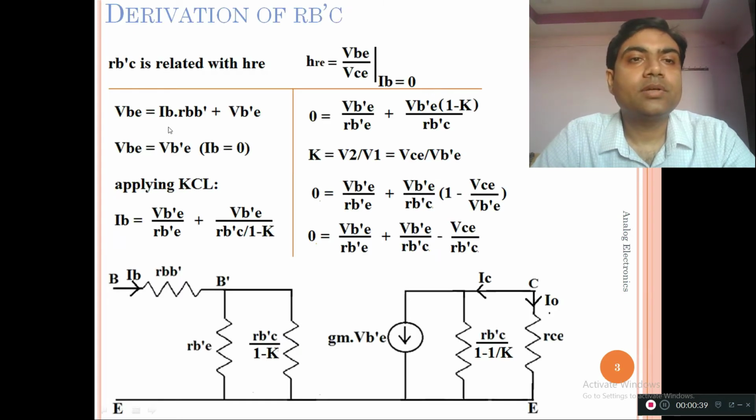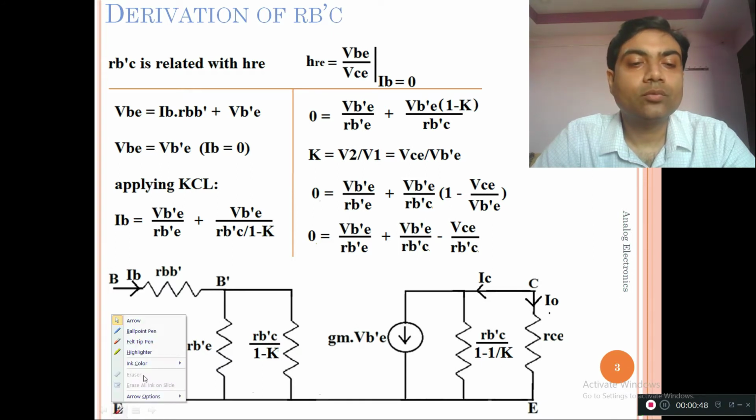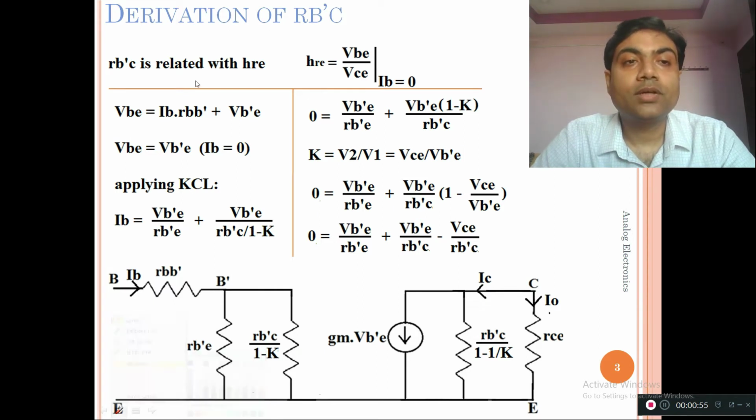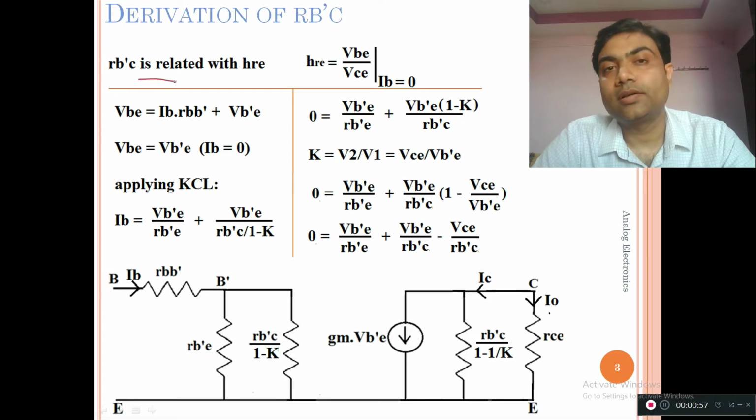RB'C is related with hre, just as in the previous lecture we interrelated hfe with the value of RB'E. Similarly, here the value of RB'C is related with the value of hre. Why?